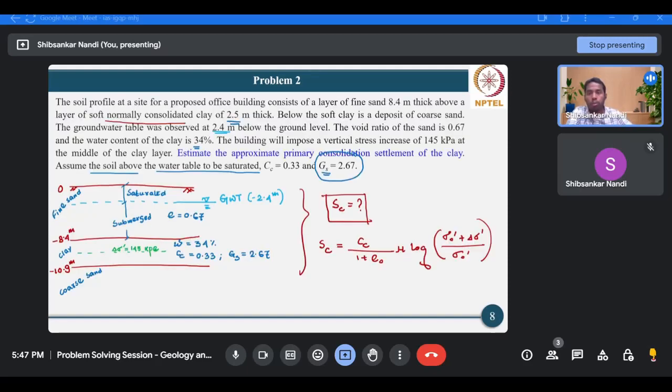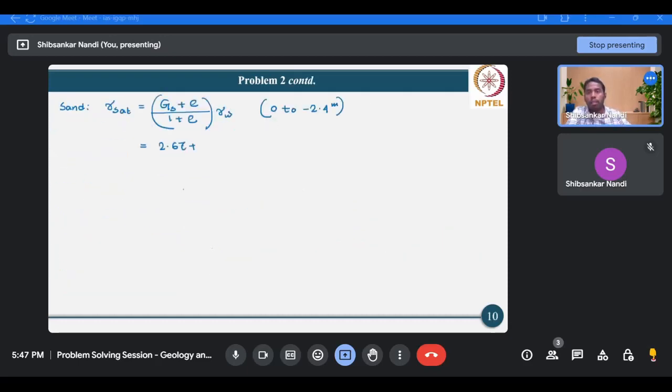We have to use the void ratio of the sand only, not the void ratio of clay, since we are calculating the saturated unit weight of sand. So 0.67 divided by 1 plus 0.67, multiplied by 10, and it would be 20 kilonewton per meter cube.